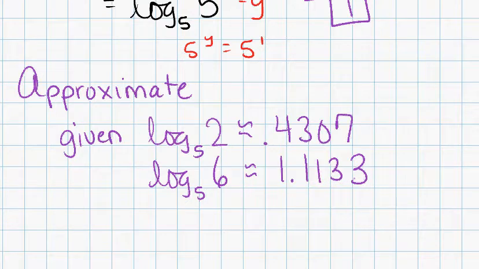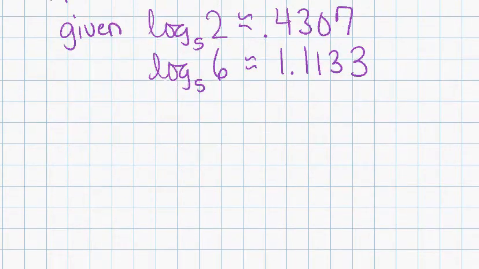So the givens that we are using are that log base 5 of 2 is 0.4307, and that log base 5 of 6 is 1.1133. And we're going to use them for the next 7 problems.